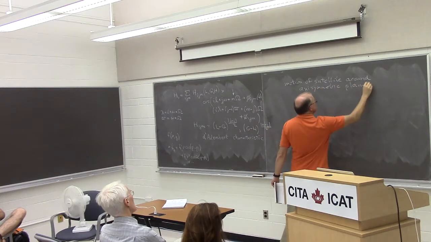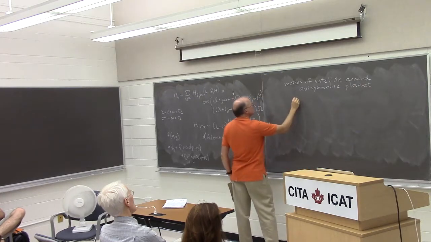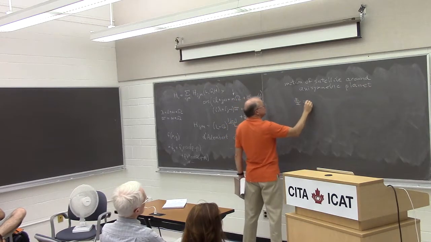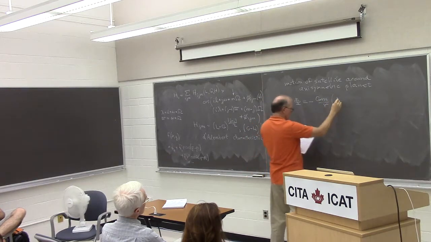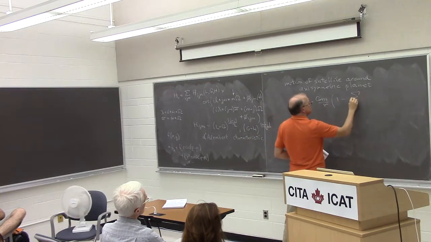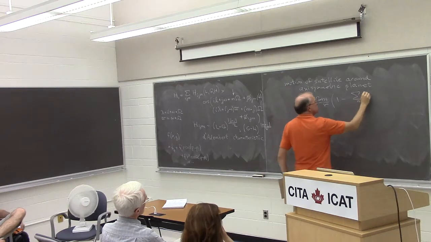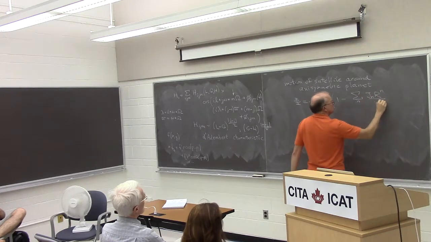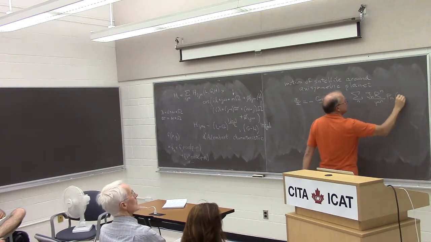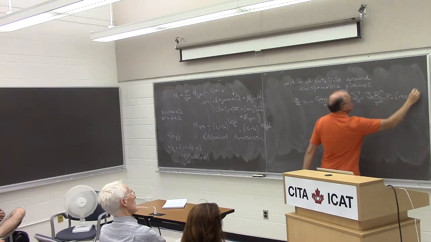If the planet's axisymmetric, its external potential is conventionally written as minus GM over r, times 1 minus the sum over n of Jn (R over r) to the n, Pn of cos theta.